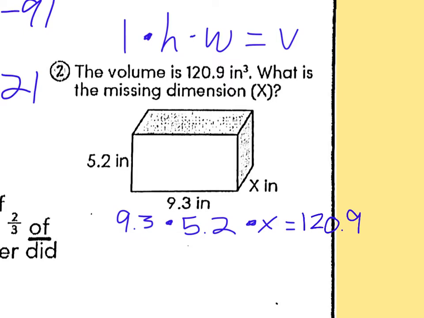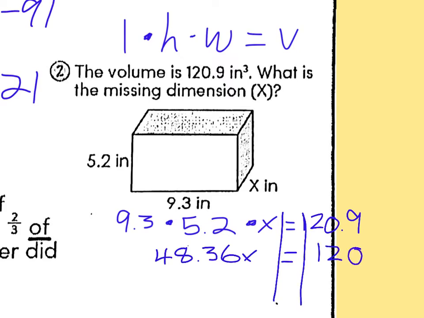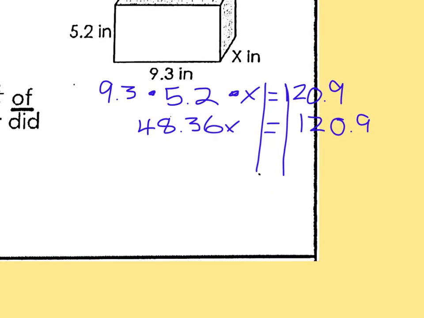So we're going to go 9 3/10 times 5 2/10, and that gives me this number, 48.36 x equals, now there's where our railroad tracks come in, 120 9/10. So from here, we're just going to use inverse operations.